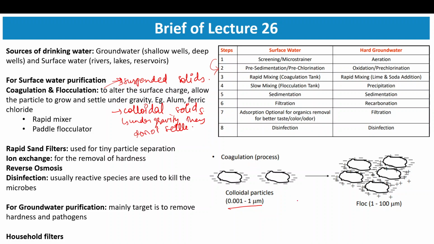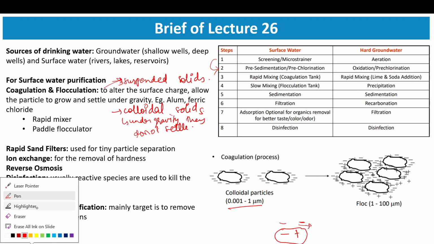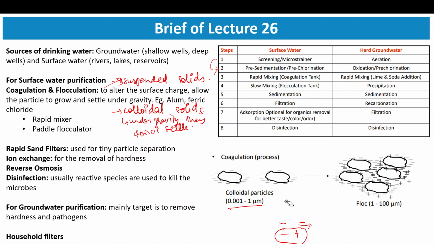For example, negative and negative charges repel, while negative and positive charges attract. Here the repulsive force dominates, which hinders particles from coming closer so that they can agglomerate.